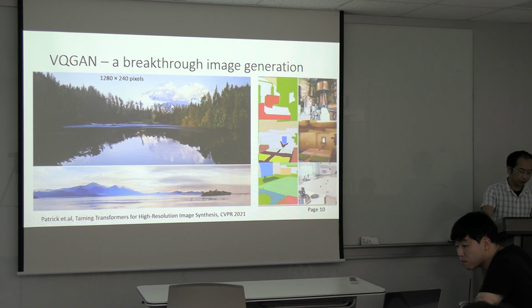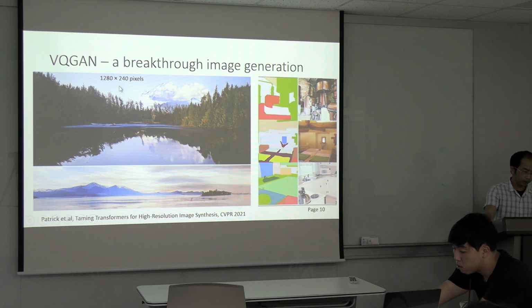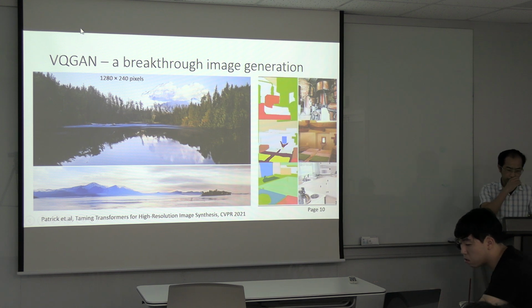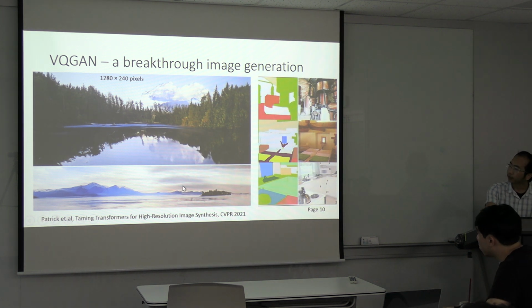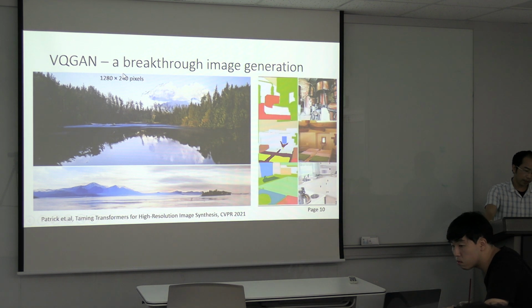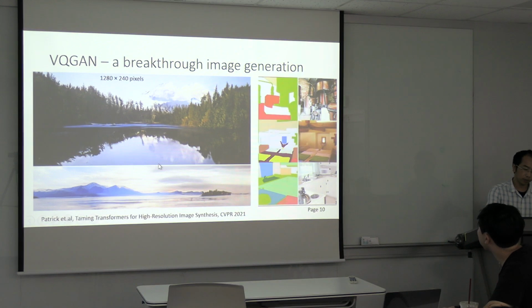Here is some output generated by the model named VQGAN. This is a high resolution image. You can see it looks very real and it can generate at high resolution. To generate this kind of output, we first have the input that is the low resolution.